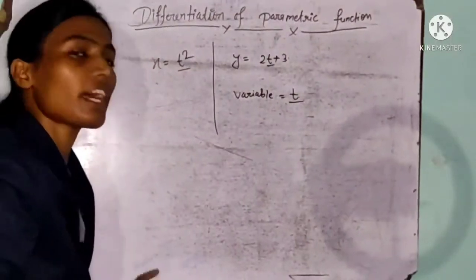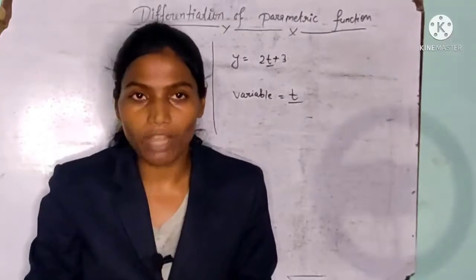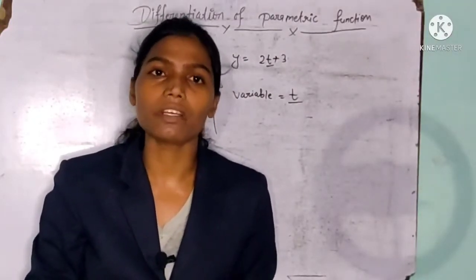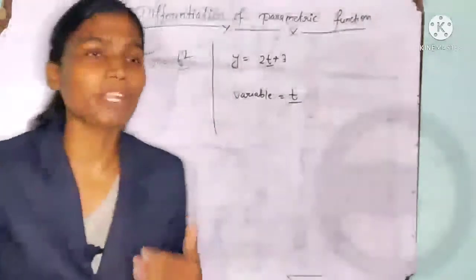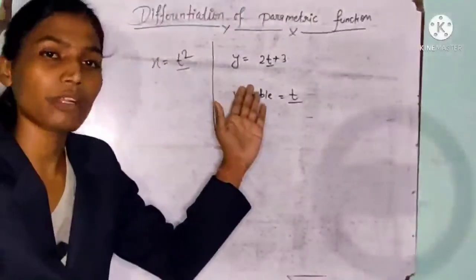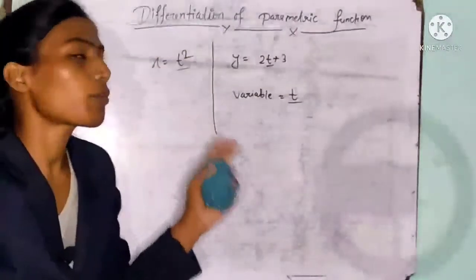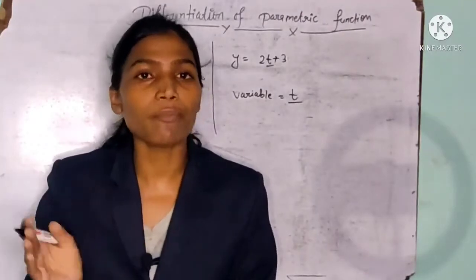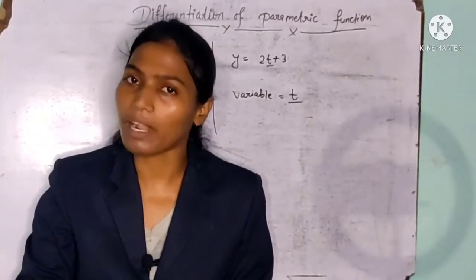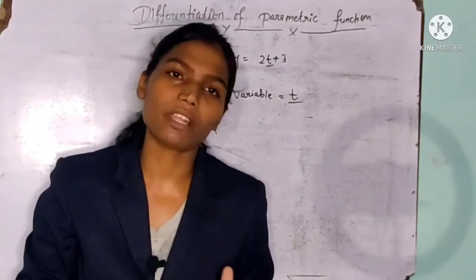We already studied differentiating one function with respect to another, and this is almost the same. Now in these functions we find the parametric. What is parametric? There is a common variable in both functions, so that is called a parametric function. I hope you understand what parametric functions are.